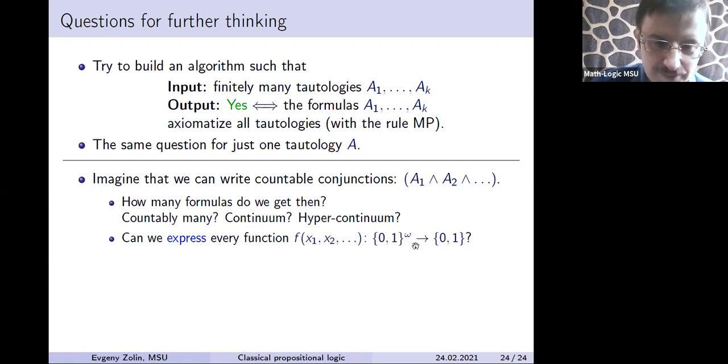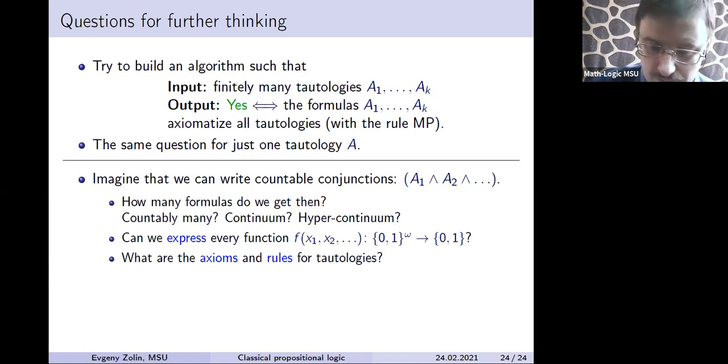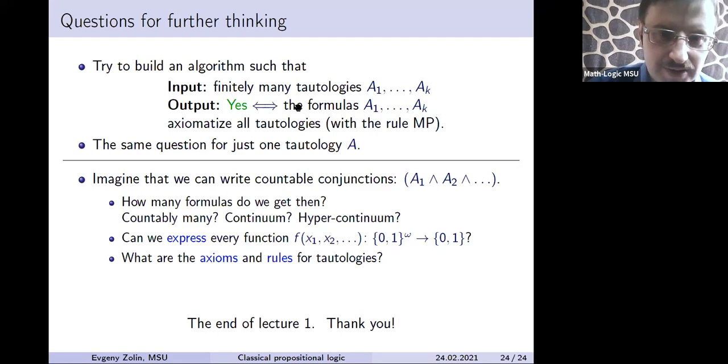Again, Boolean functions, but they have infinitely many arguments. The question is, can we express all these functions with these formulas? And of course, more difficult questions. What are the axioms and rules to axiomatize all tautologies in this huge, very, very big language? Okay, so this is the end of the first lecture.